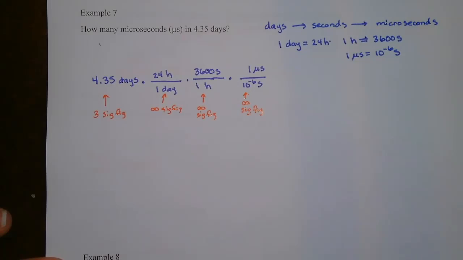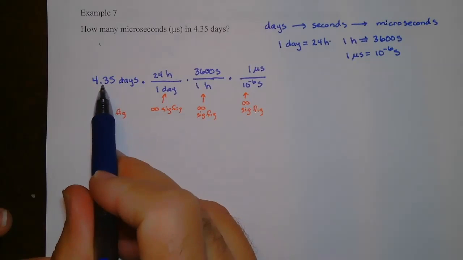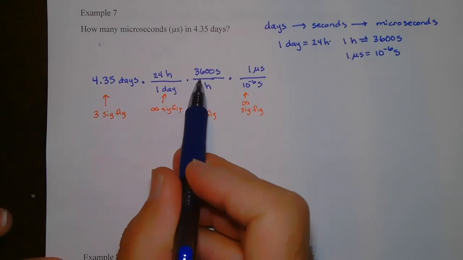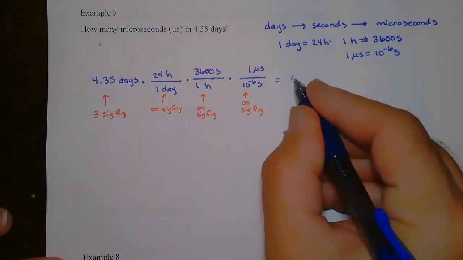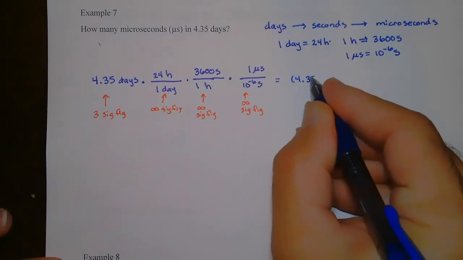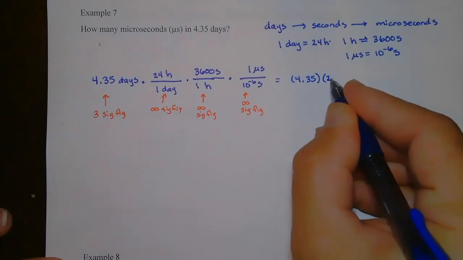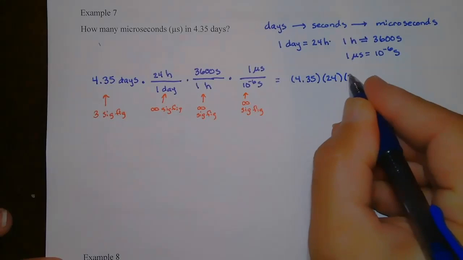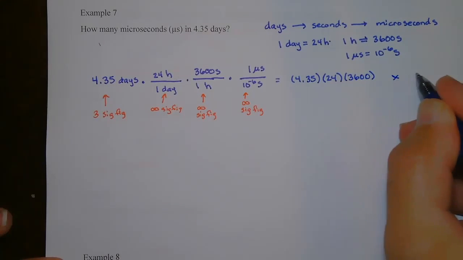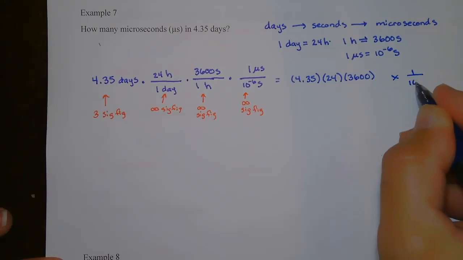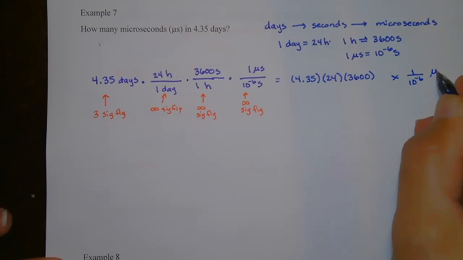Okay, so what we're going to do is any 10 to a power, we're going to put by itself. We're going to separate it because that will become scientific notation, okay? So I'm going to multiply the 4.35 times the 24 times the 3600 all over 1. And then times 1 over 10 to the negative 6 microseconds.